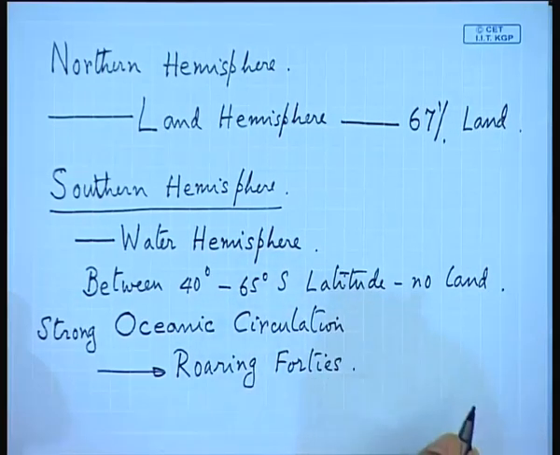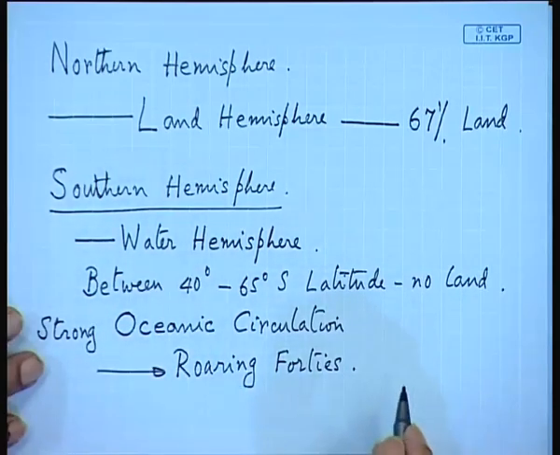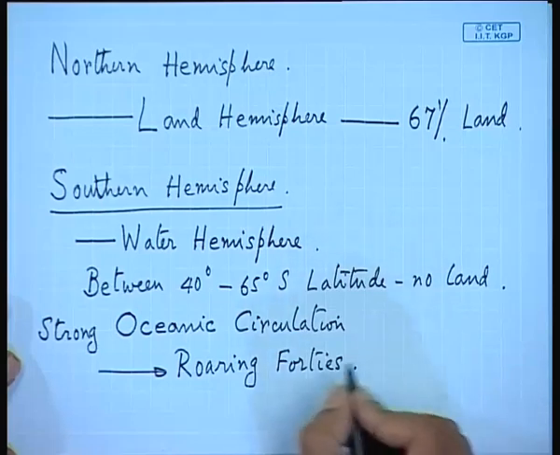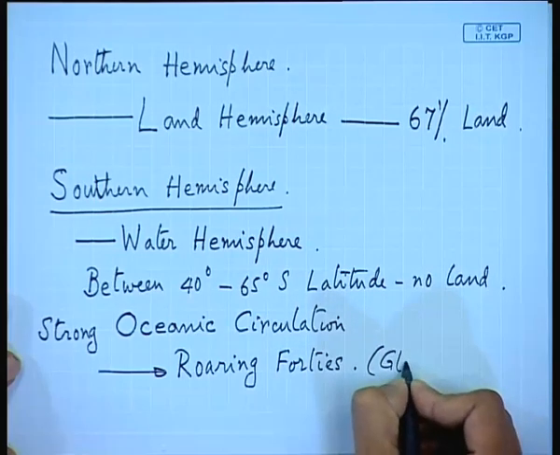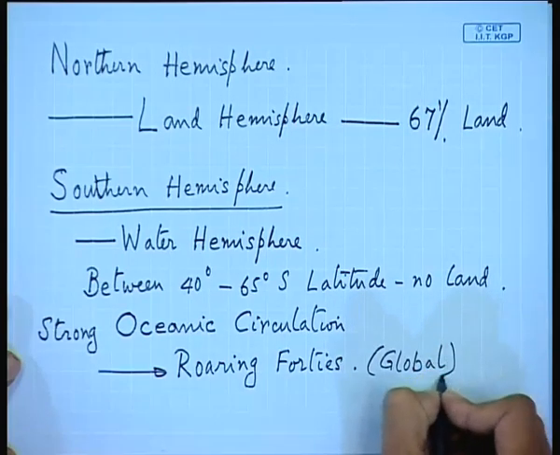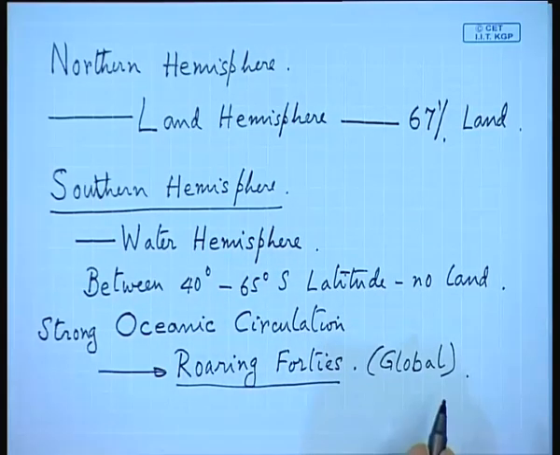If one visits the Antarctica region, you will come across the roaring forties. This region is very active as far as wind and currents are concerned. They cause a global circulation, and this influences global climate. So, this is the ocean circulation influencing world climate, just as an example.